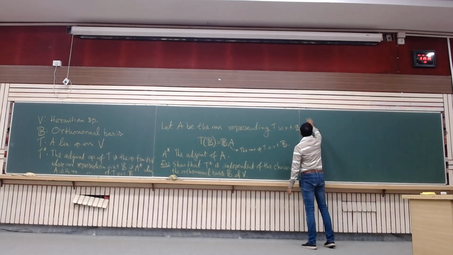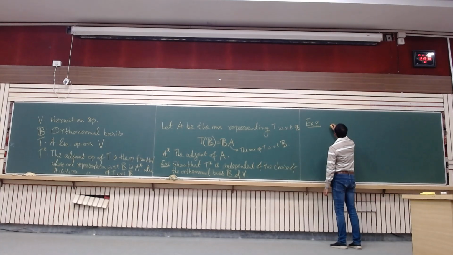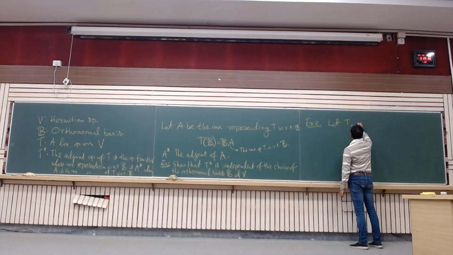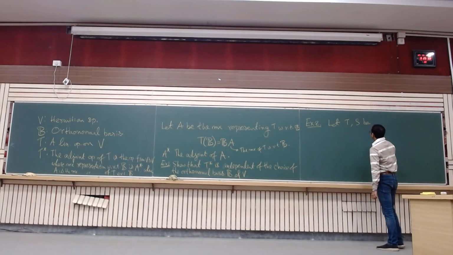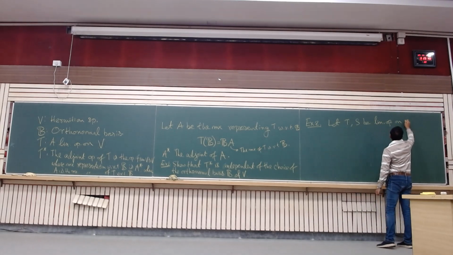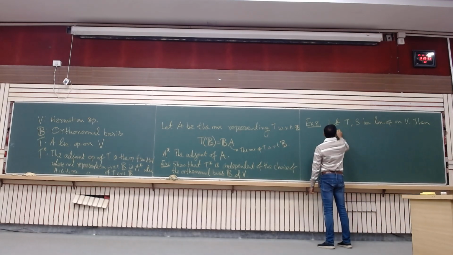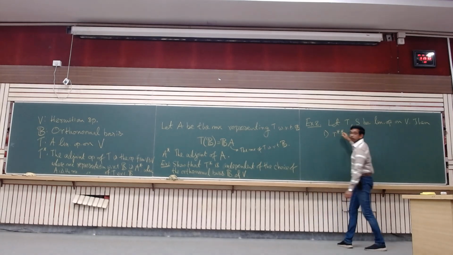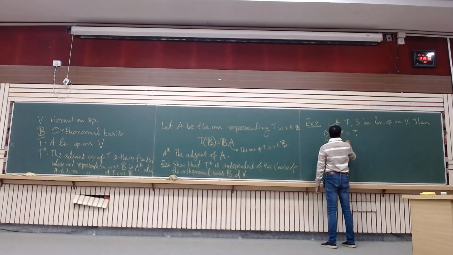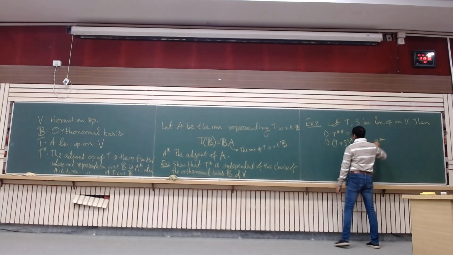Another exercise, also an easy one. T star defined in this manner also satisfies the following. Let T and S be linear operators on V, then check these things. One, T star star, that is the adjoint of the adjoint, is equal to T. The second, (T plus S) whole star is equal to T star plus S star.